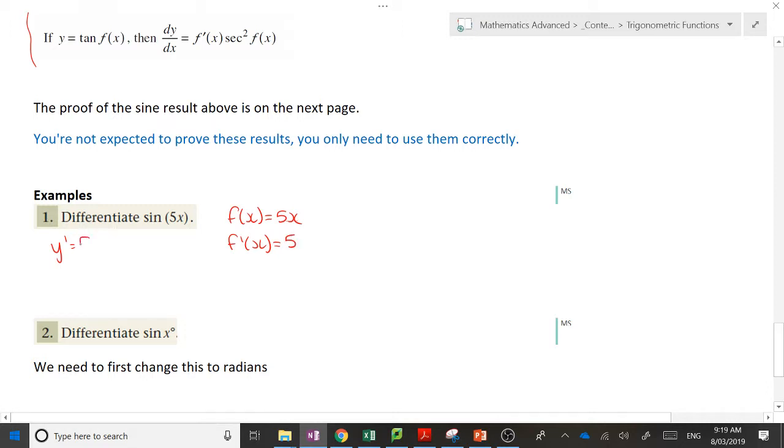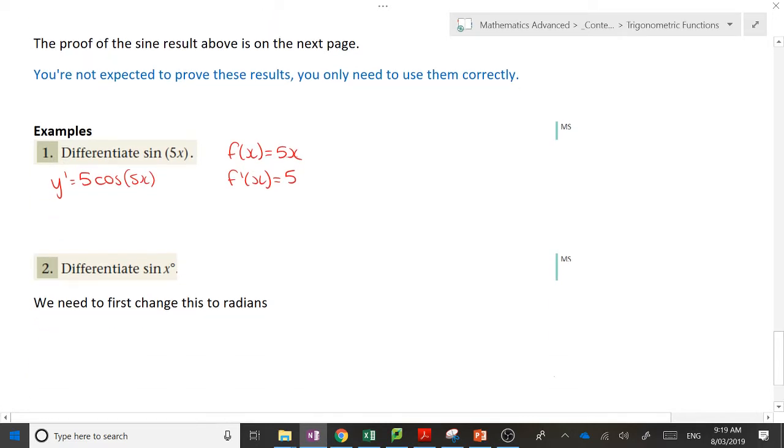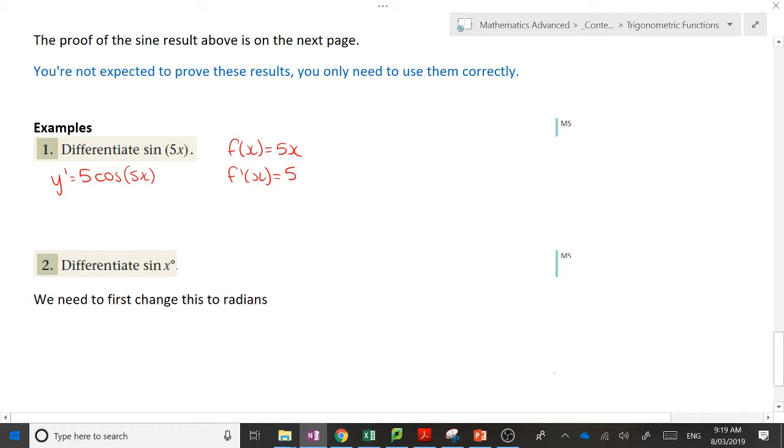The 5 comes out the front, and I'd write cos of 5x. That's it, done. We cool with that? You differentiate what's inside the brackets, bring it out the front, and differentiating sine is cos, so it'd be 5 cos of 5x.